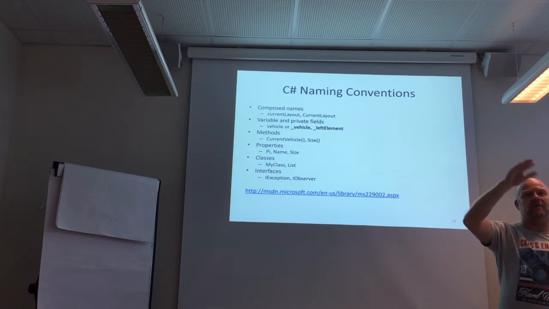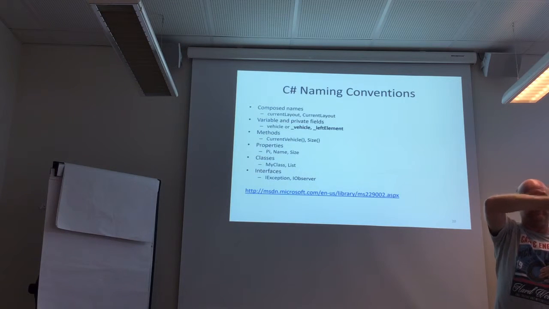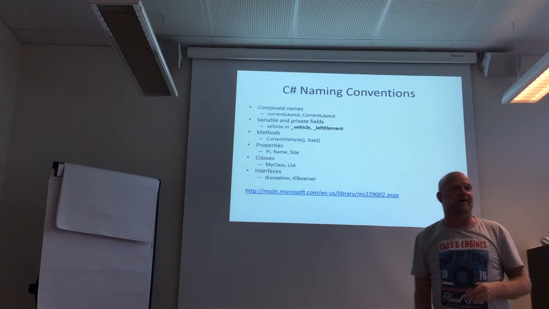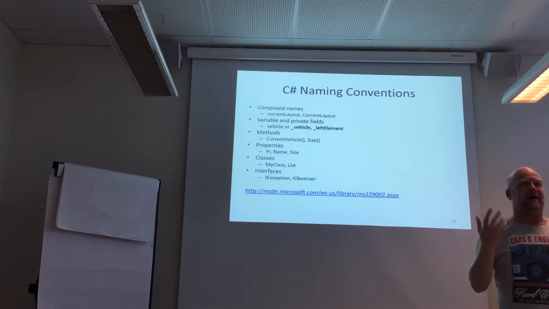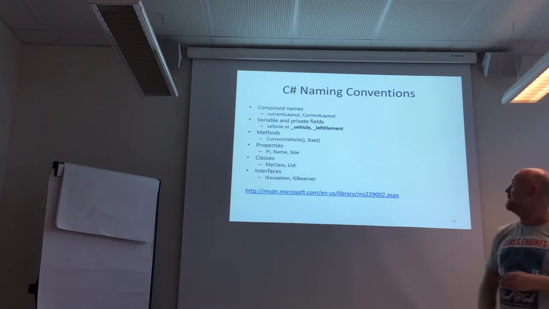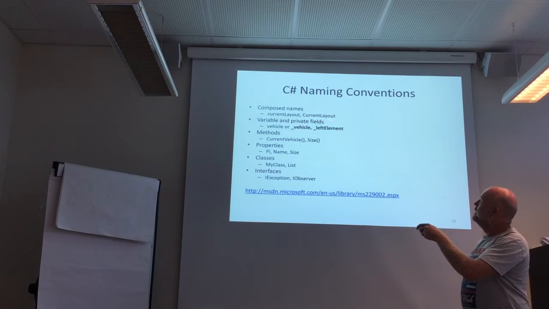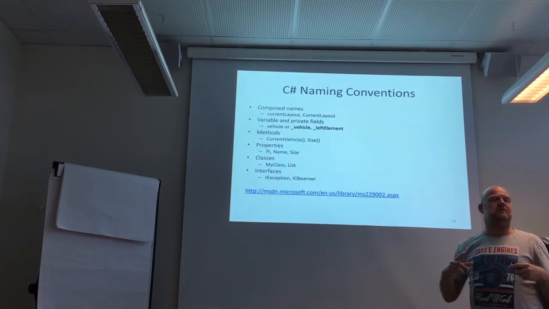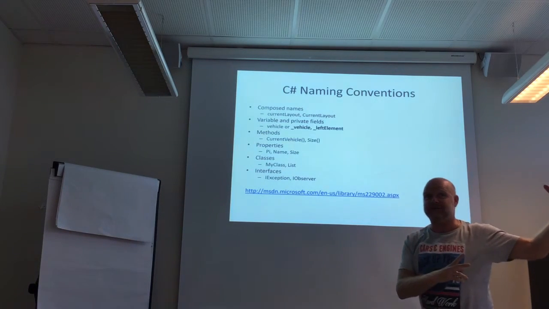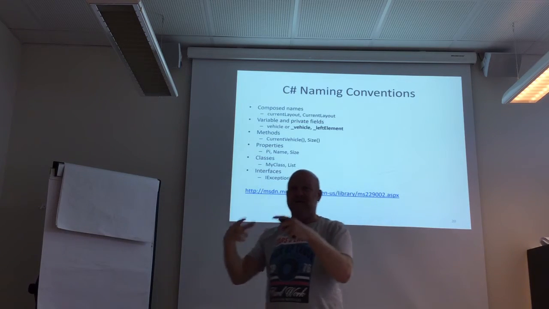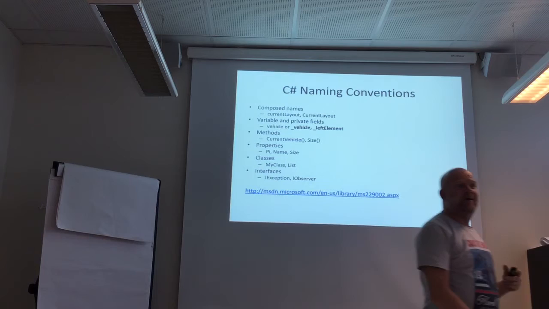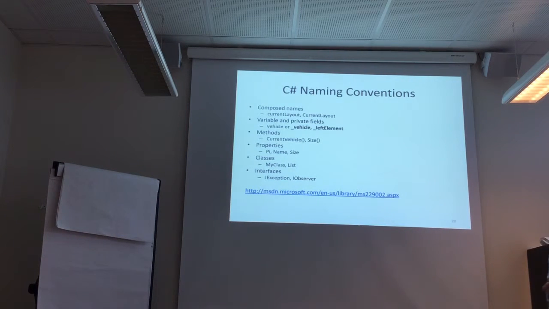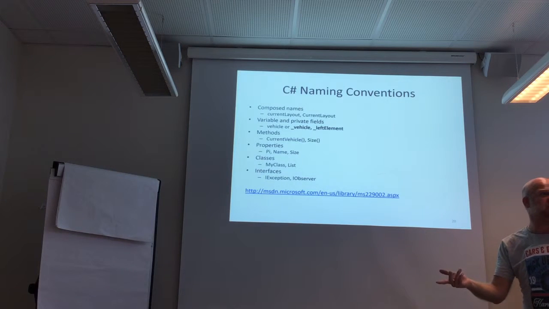The camel will start down here, and then you go like this. And title case is when you have a title, it always starts with a capital letter. So that's the two different ways. A language can be more camel case-ish or title case-ish, and C# is title case. That means that the methods are in title case, while in Java it's in camel case.